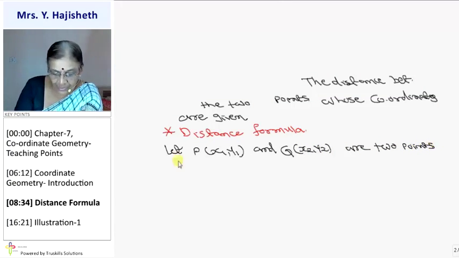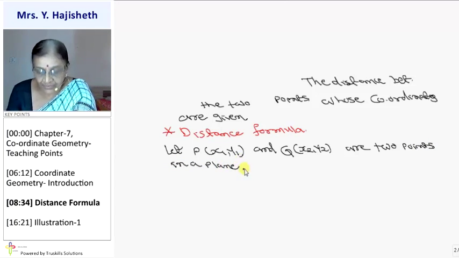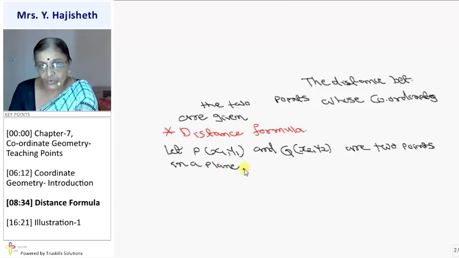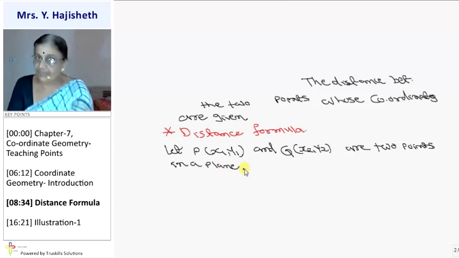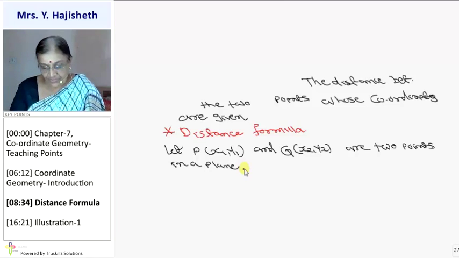That means neither x1 is x2 nor y1 is y2, okay? They are different. We want to find out the distance between P and Q. So, how? Formula we know. It is under root x1 minus x2 whole square plus y1 minus y2 whole square. But how can it be obtained?